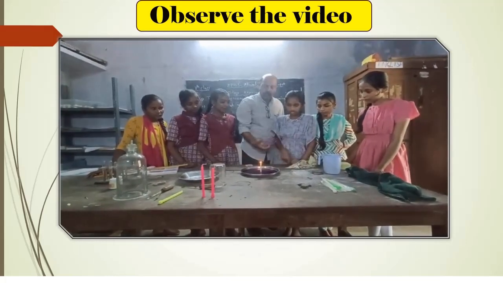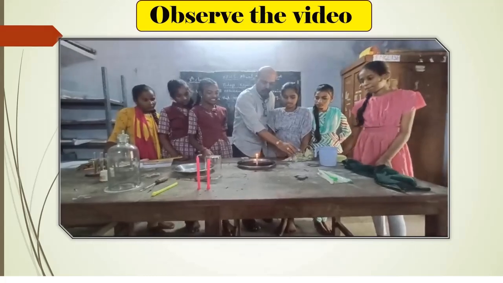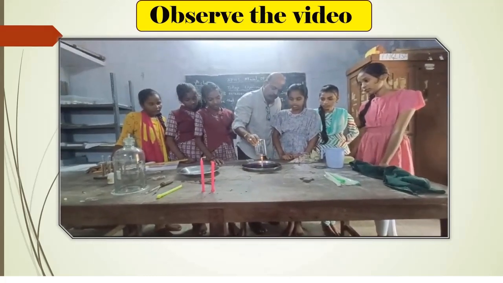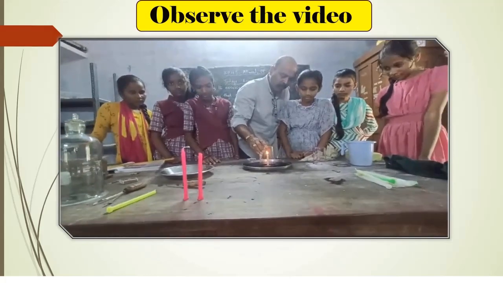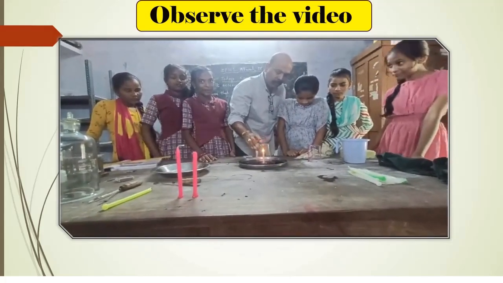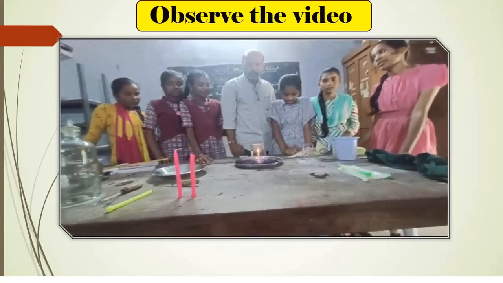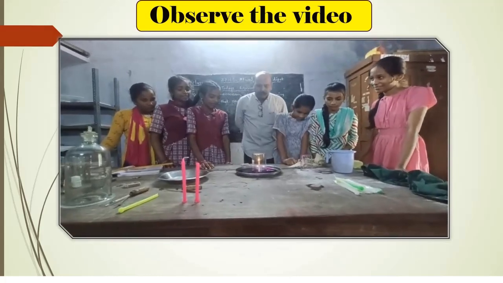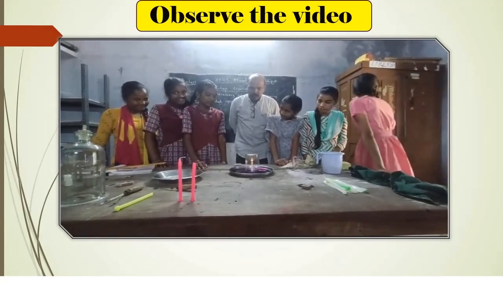A beaker should be placed over the lighted candle on the plate. Here observe carefully. The candle continues to burn for some time, depending on air availability. Then it flickers and finally the flame goes off.